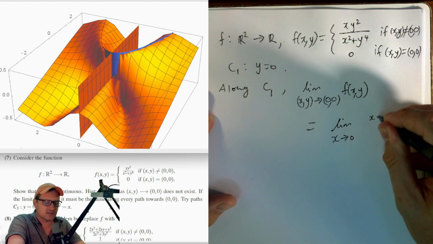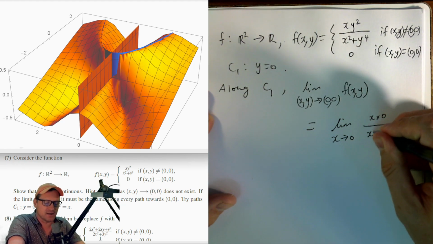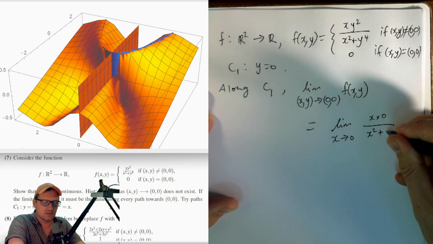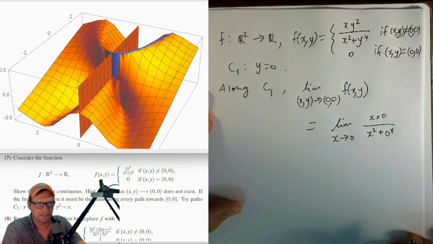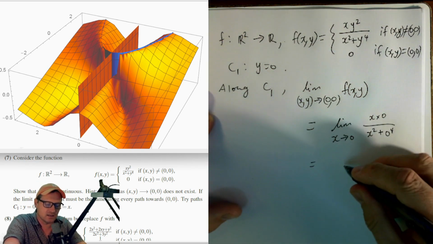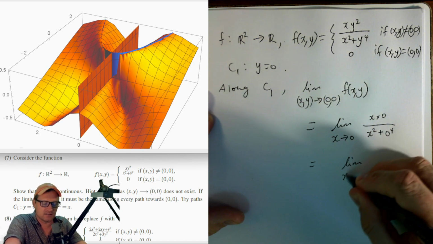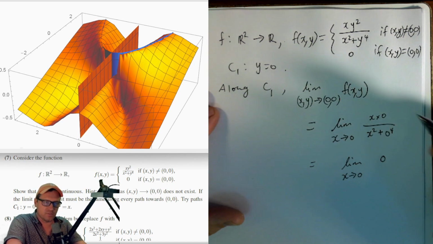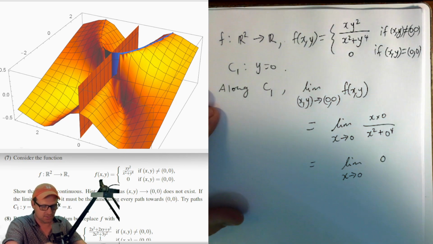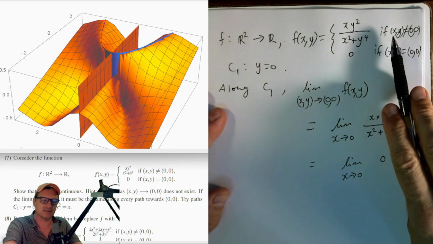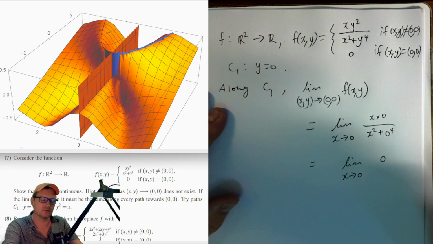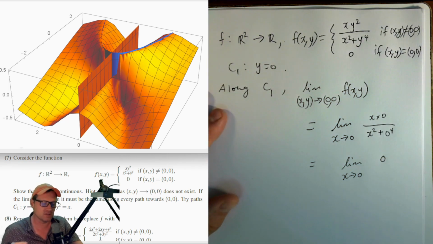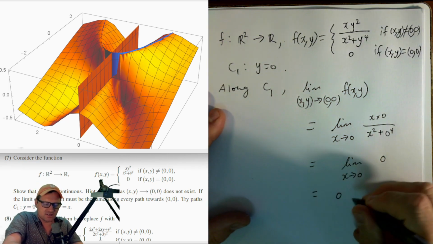So that's x times 0 over x squared plus 0 to the 4th. Okay, and so we see that we have the limit as x goes to 0 of 0, because 0 over x squared is 0. Since x is not equal to 0 itself, we have 0 for that. And so that limit is just 0.